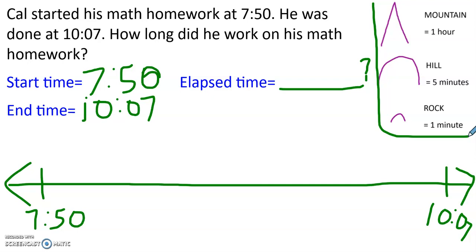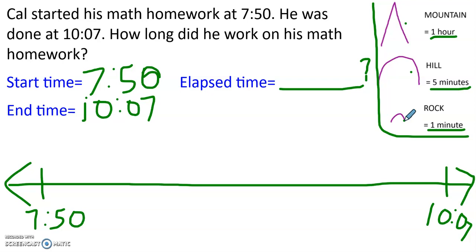So for our purposes, this is a good visual for us to use. If we jump an hour, we're going to draw a mountain. If we jump a segment of 5 minutes, we're going to draw a hill. And if we jump a segment of 1 minute, we're going to draw a rock. So let's see what this looks like. And right now you're just following along and watching me.